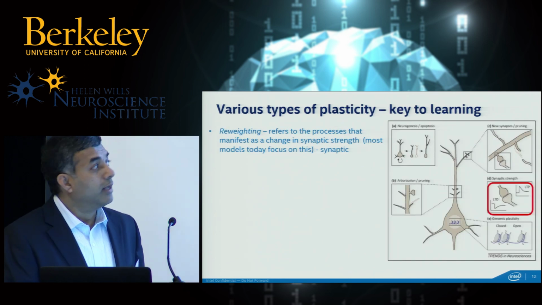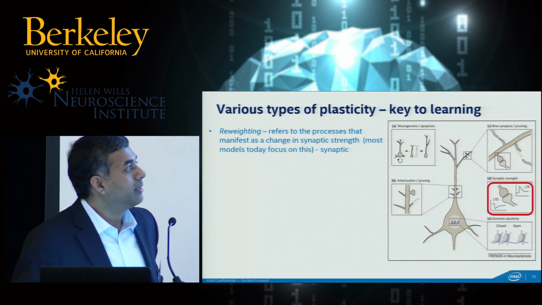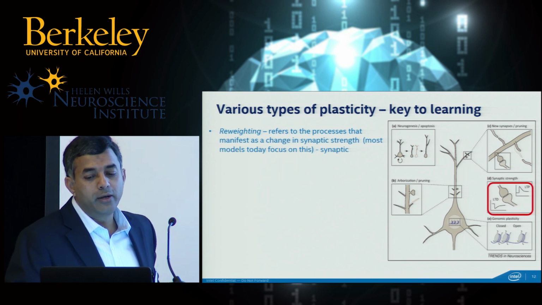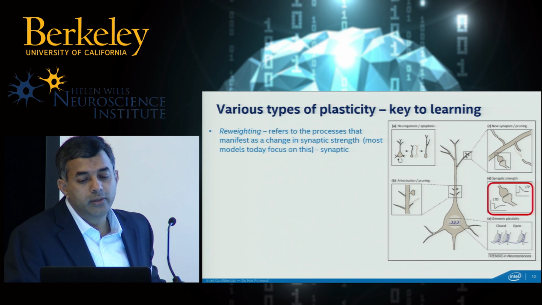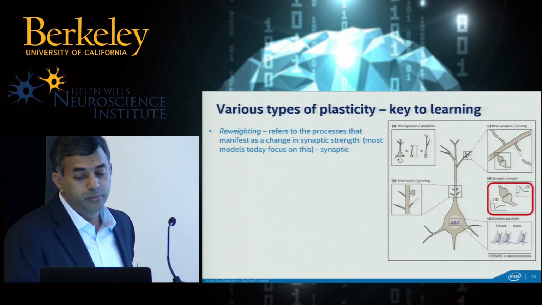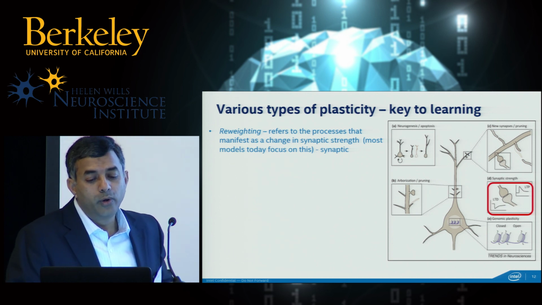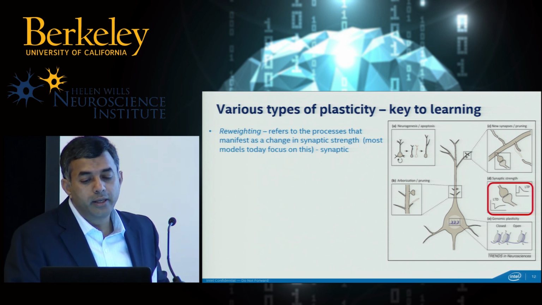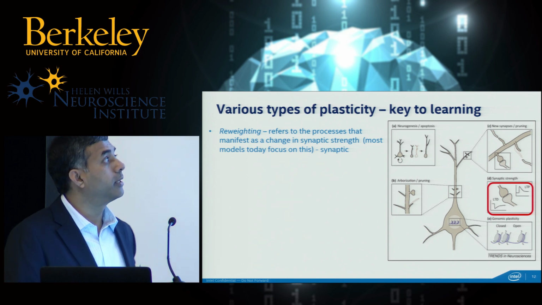But then the complexity slowly starts to build up. If you look at the factual evidence as we know it today, there's a variety of plasticity rules, which is probably key to learning. One of which is reweighting, which we've all done in the ANNs and the deep learning frameworks, which is mostly synaptic in nature.